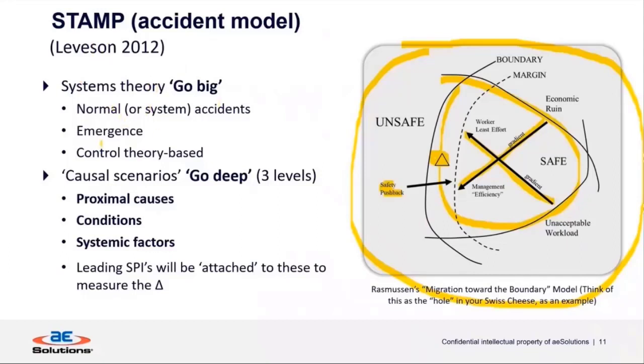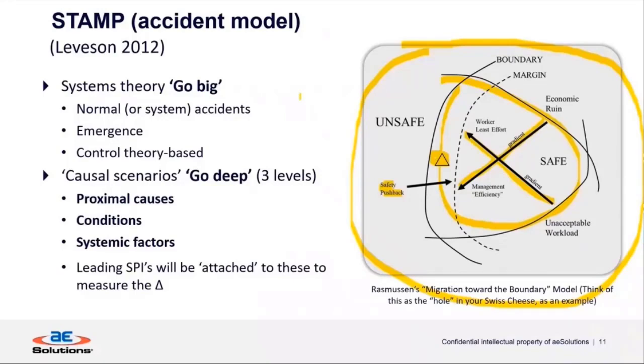And the idea is normal accidents, emergence, and control theory base. These are the foundations of STAMP. You know, it doesn't take a failure to have an accident. It's a little clickbaitish, but Professor Leveson gives plenty of examples of that. The idea of emergence is it's not about the individual components, it's about the interaction between the components, and the property emerges from the interaction, a good property or a bad property.